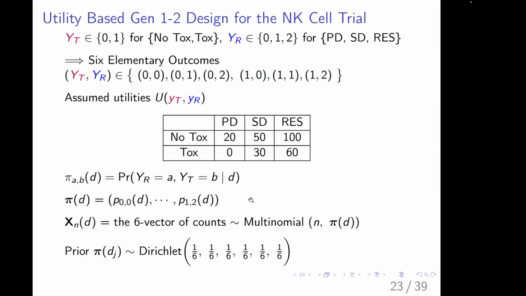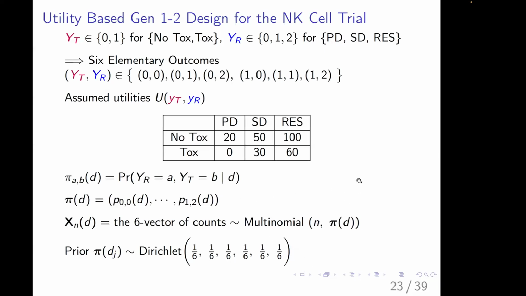There's 6 probabilities in there. And make a very, very simple assumption that if you record the 6 vector of counts for this, it's multinomial, and the parameters are n and that probability vector, and give it an equally likely Dirichlet prior. This is a very simple-minded model that doesn't assume much of anything.